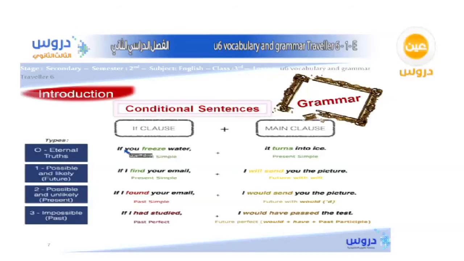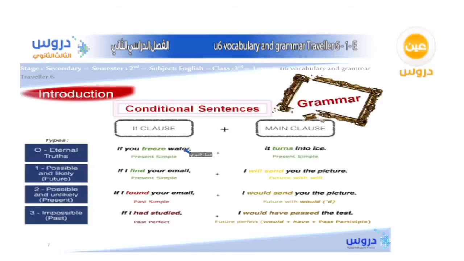You cannot say if you freeze water and stop, not completing the rest. Why is this not considered a right structure? Because we couldn't understand what you want to say.